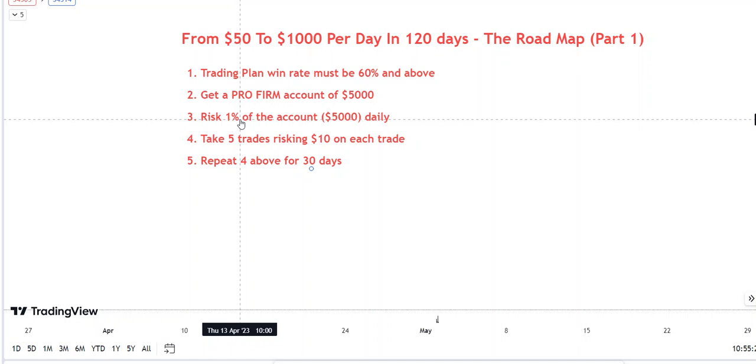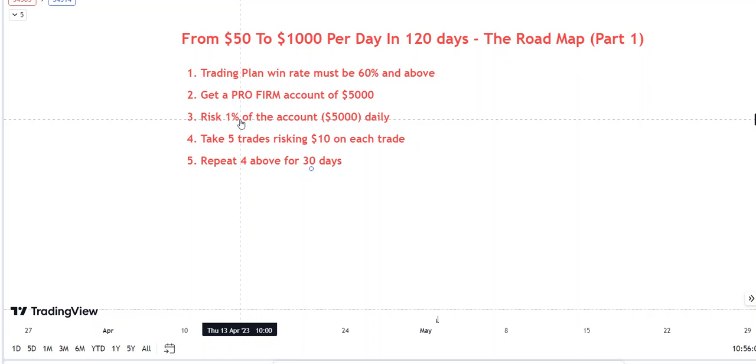We are not looking at being greedy or being in too much of a hurry to grow the account, but we want to be on the safe side, growing the account gradually, so that we will be able to achieve the purpose. So 1% of $5,000 is $50, right? So every day you take trades, you will risk $50.